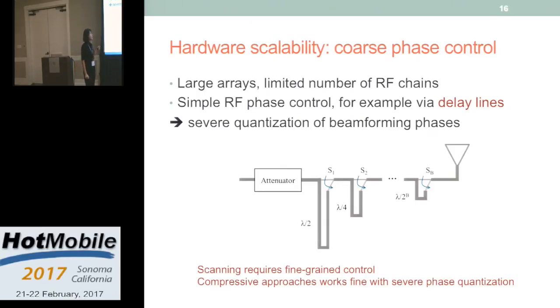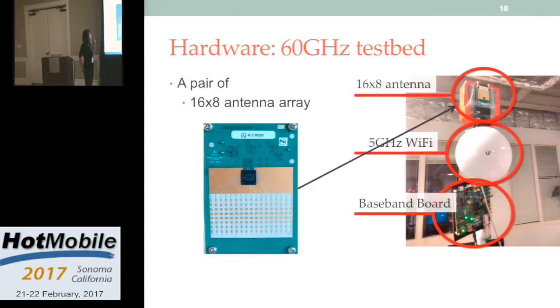So our algorithm needs to be robust to phase control quantization. Our approach, since it sprays power in every direction randomly, is not sensitive to this error. But other scanning approaches that need to design beams toward a specific user, a specific direction, will be more vulnerable to this coarse phase control.